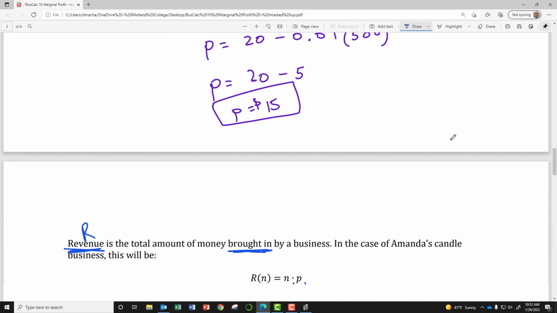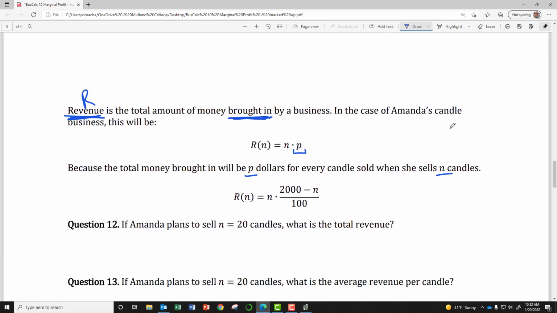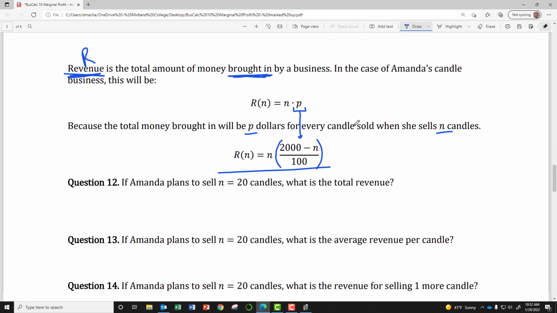I'm letting P become this expression, which is 2,000 minus N divided by 100. Because I made that substitution and wrote my price as a function of the number of candles sold, my revenue is now just a function of N, which is exactly how I want it. I want revenue to be a function of the number of candles sold.